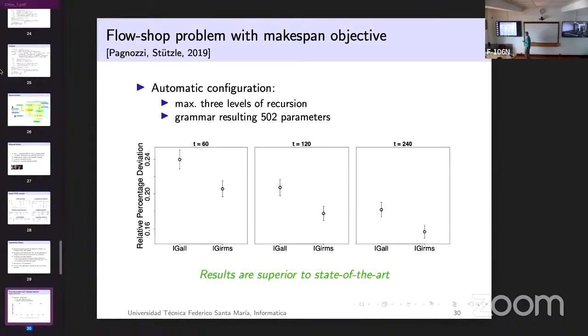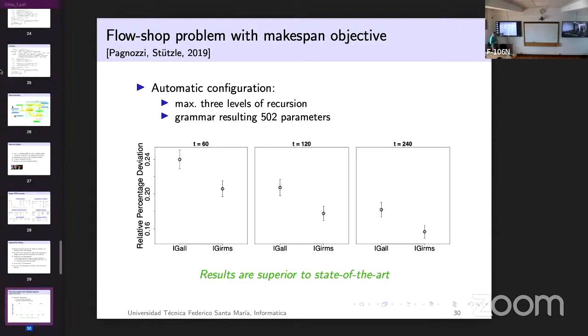It's important, we have here different computation times. So we take tau equal 6, tau equal 120, tau equal 240, and this is 0.060 milliseconds times the number of jobs times the number of machines.